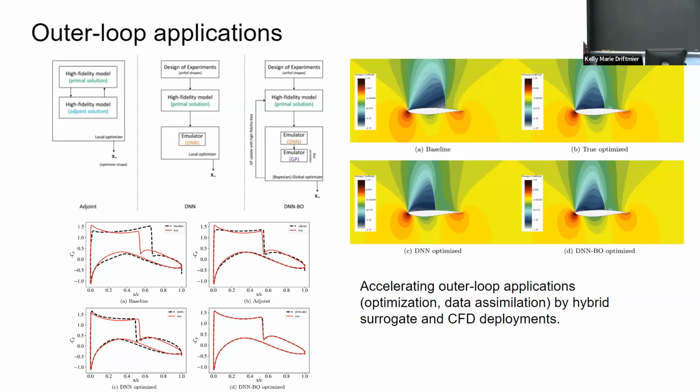What you could use these methods for is really zooming in on a space of solutions that are good before switching to something that's more reliable, right? So not replacing CFD, but augmenting it dramatically, right? So to give you an example, if you think about these columns that I have over here on the left, this is an approach that uses a classical approach, like an adjoint-based method, to give you a result.